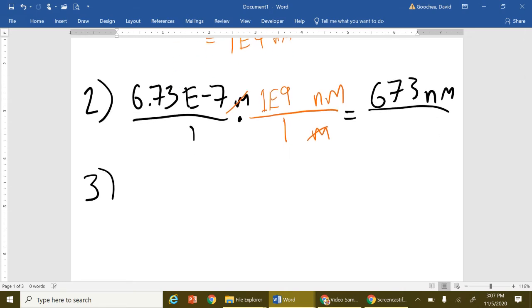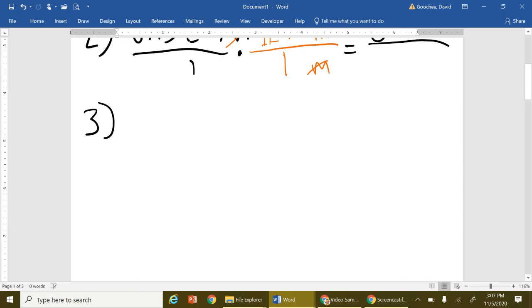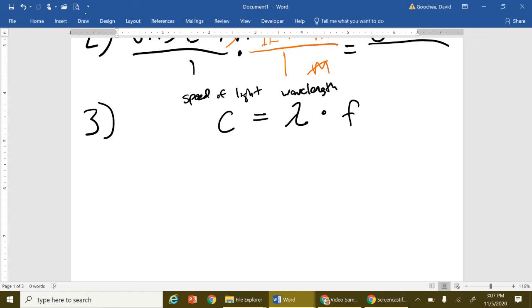Okay, so here we go. Number 3. For these next 4 problems on your worksheet, you are always going to start with this same equation. The speed of light, which never changes, equals the wavelength of electromagnetic radiation times its frequency. We always know what the speed of light is.